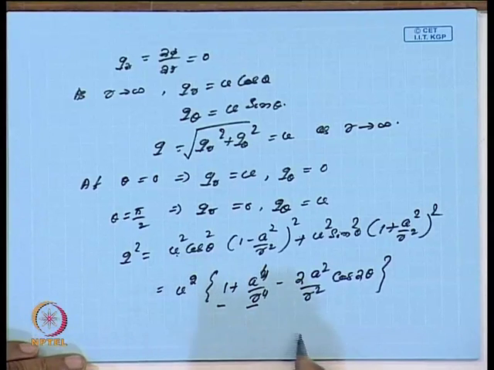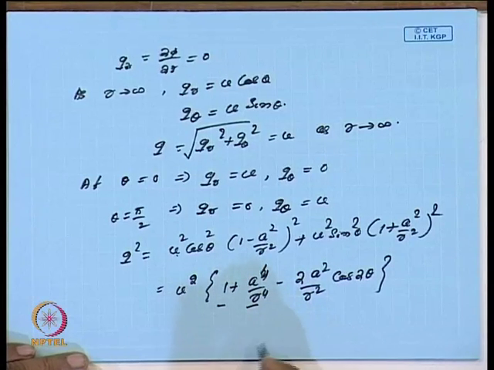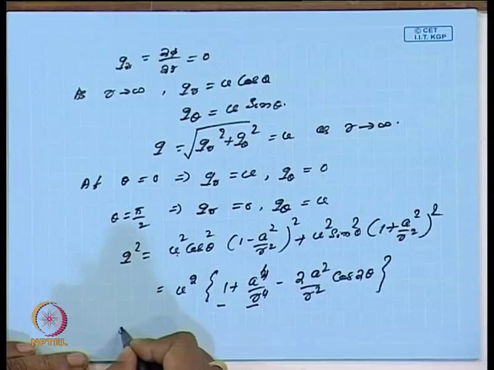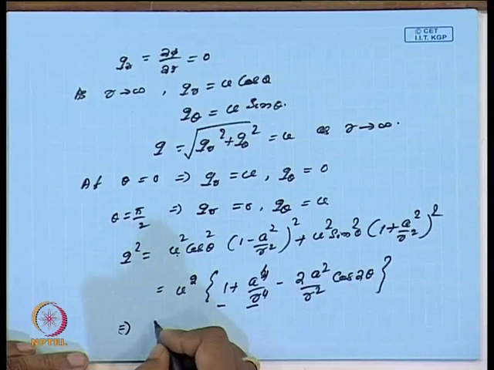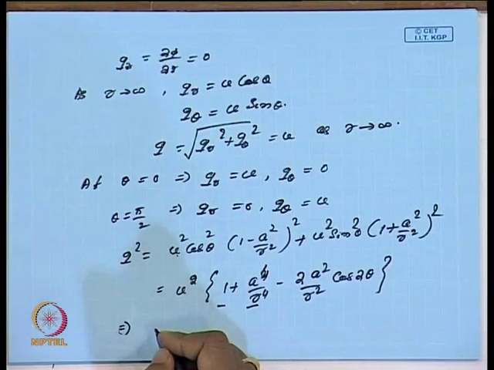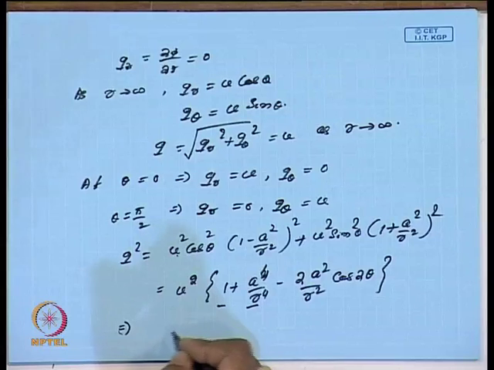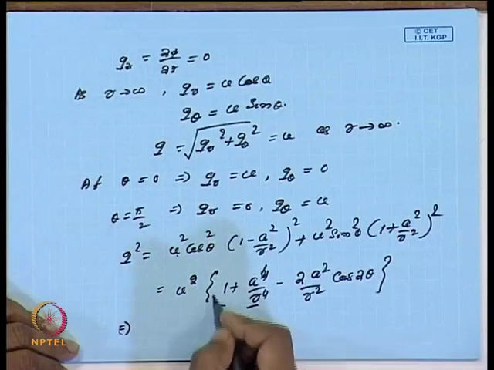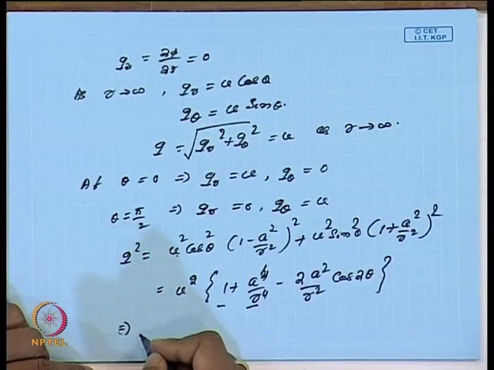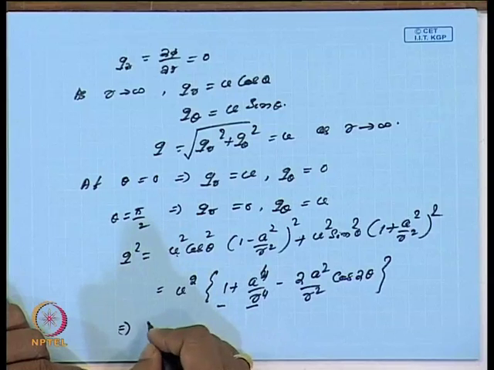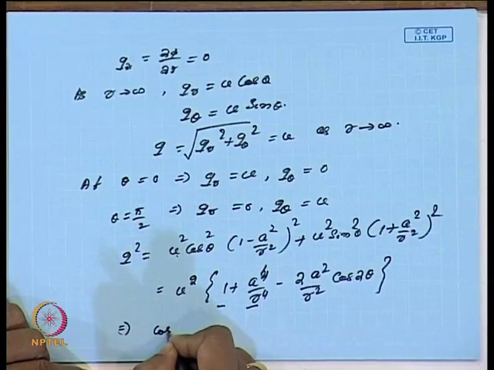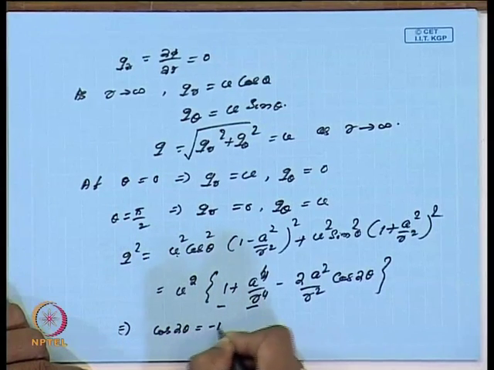So if this is the case, then we got q square is this. What will happen when, this is the general expression for q, theta is a, what will happen to cos 2 theta? It is minus 1.